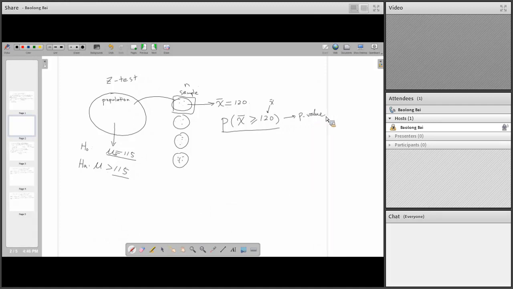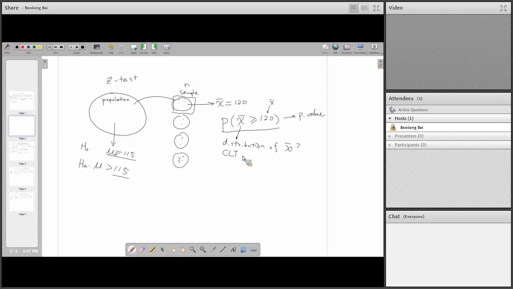And how do I find this probability? Probability of x bar related probability. We need to know the distribution of x bar, right? And where do we get the distribution of x bar? Central limit theorem.